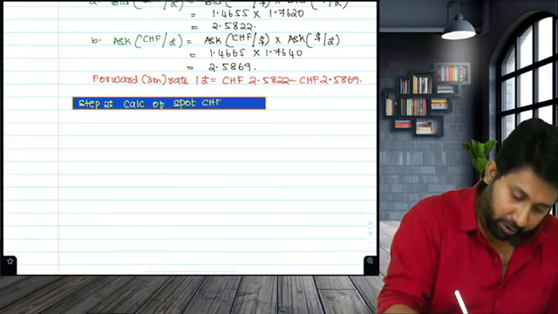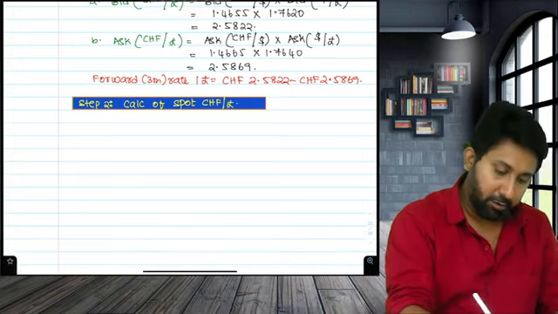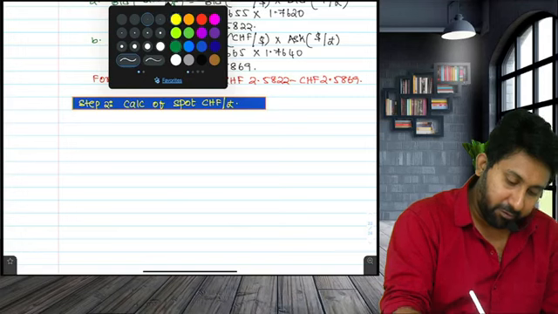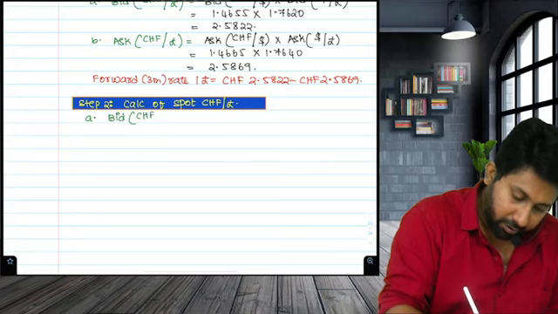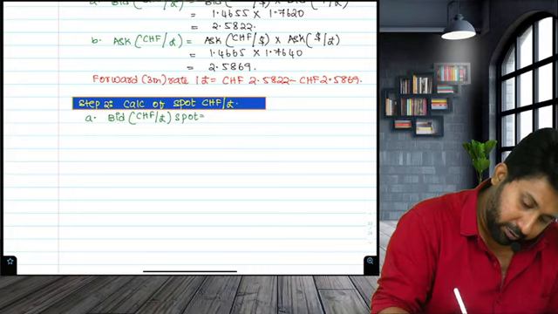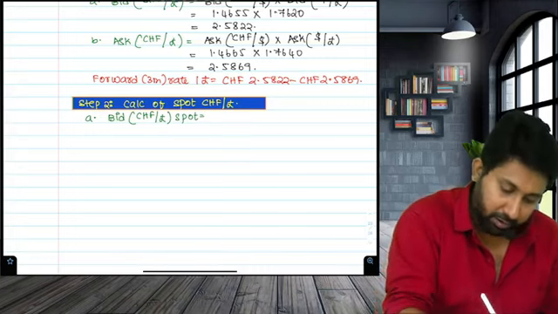Spot CHF by pound, how to calculate? Bid of CHF by pound equal to, what is the formula?